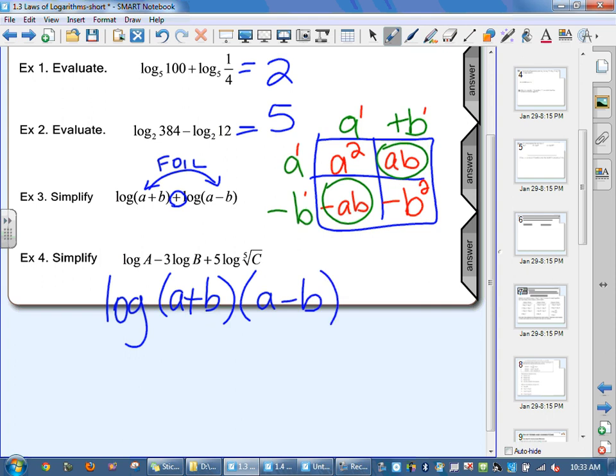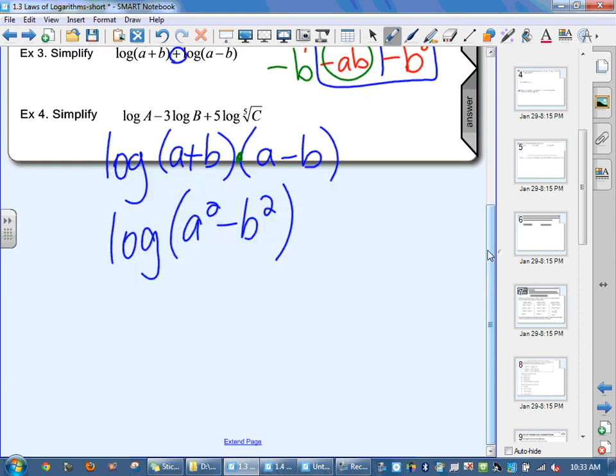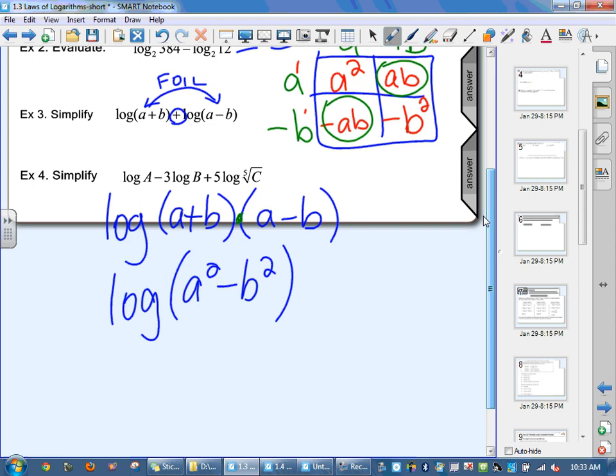I multiplied them and I get this. So now my log becomes this. Log of a squared minus b squared. And you are done. You cannot go any further unless you know what a and b are specifically. Okay? You cannot go any further. Take a minute to write that down.